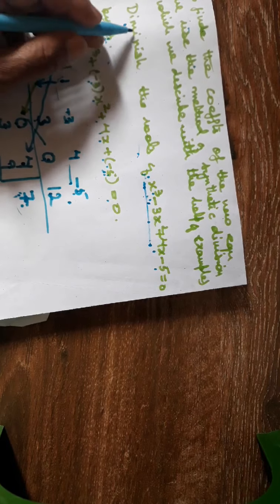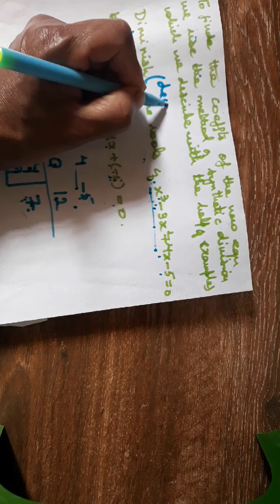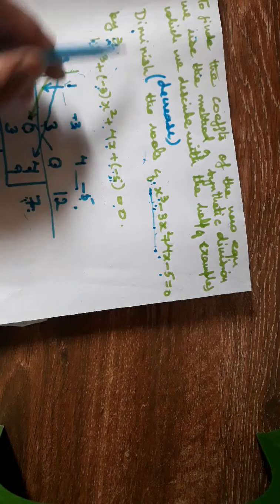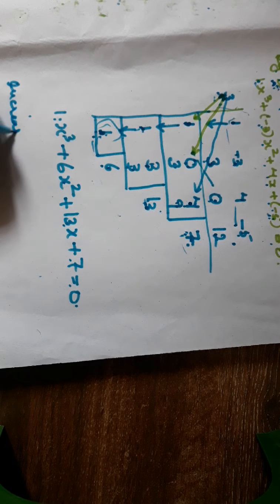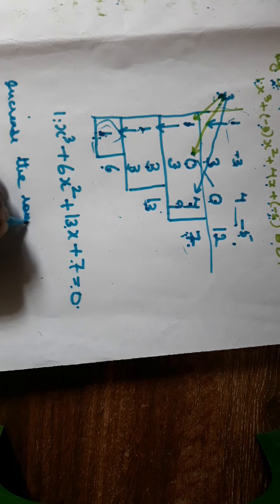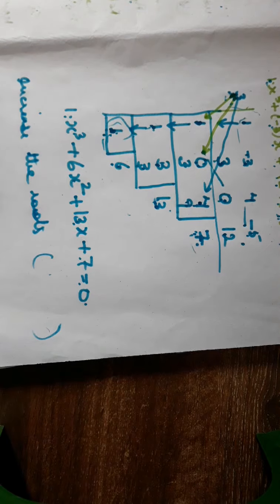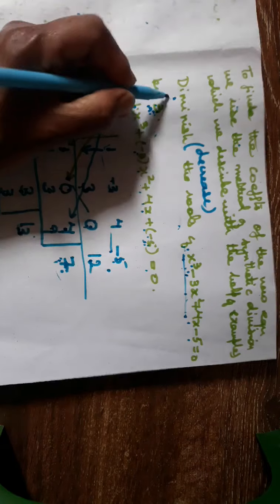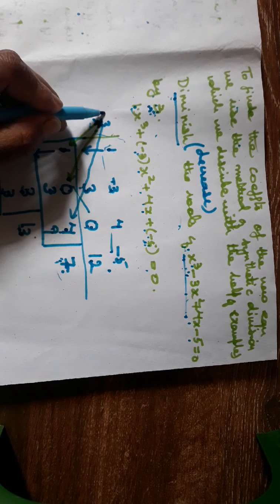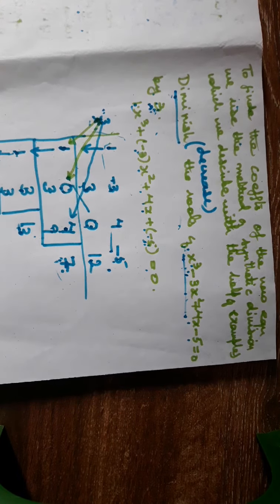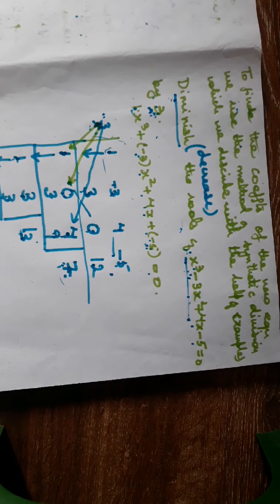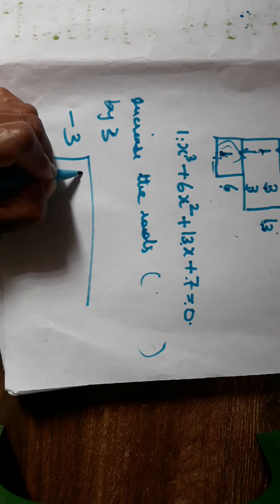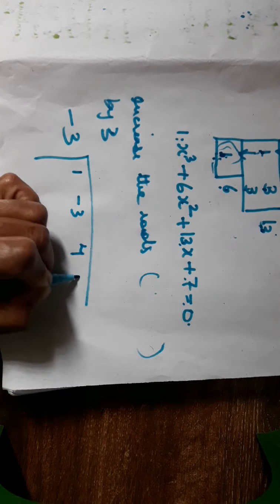So if you are asked to diminish or decrease the roots by 3, you apply it here. Now if instead of diminish, you are asked to increase the roots of the same polynomial by 3, what you have to do in this case is, instead of 3, you replace it by minus 3, and divide the coefficients 1, minus 3, 4, minus 5.